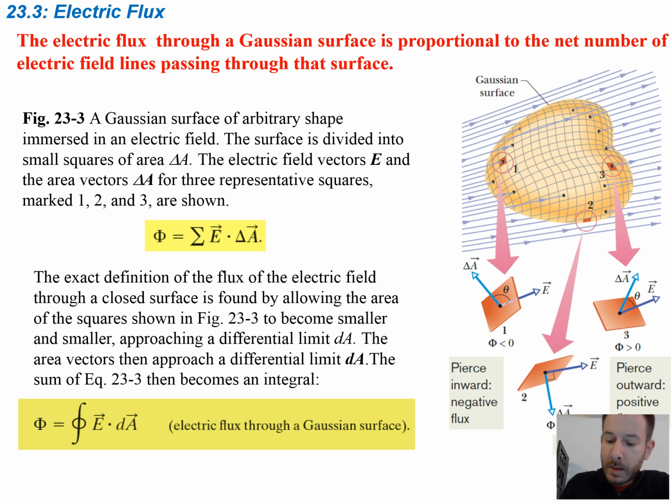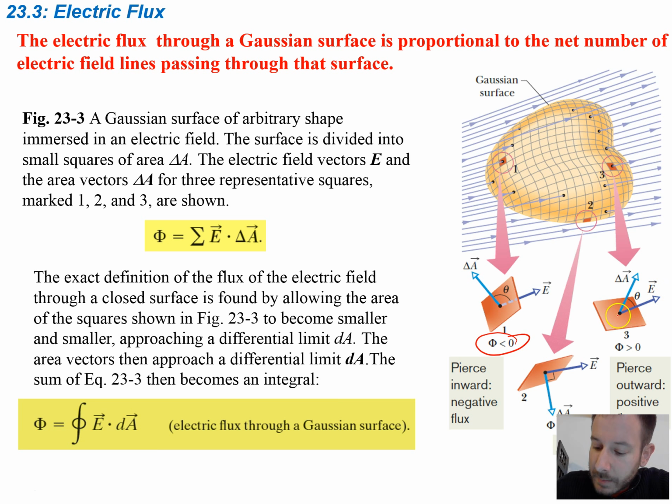Let's go ahead and look at these. The area vector is always normal to the surface, so perpendicular to the surface. And then you have the electric field coming through. When the electric field is going into the Gaussian surface, you're going to have a flux that's less than 0. Now if you look at 3, you have the electric field coming out of the surface, and again the area vector is normal to the surface.